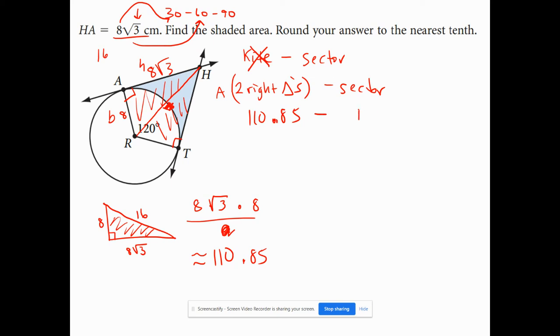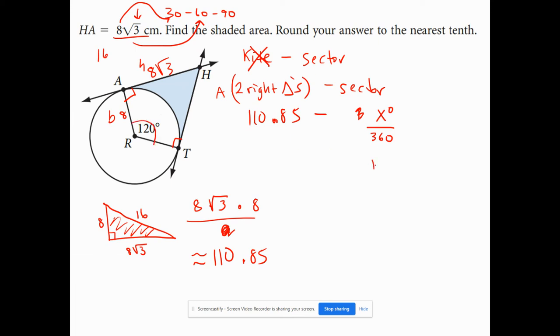So then the sector, we need x over 360, and that's the measure of this central angle. So if I get rid of some of this stuff so we can focus on this sector now, this white part. Okay, the central angle of this sector is 120.